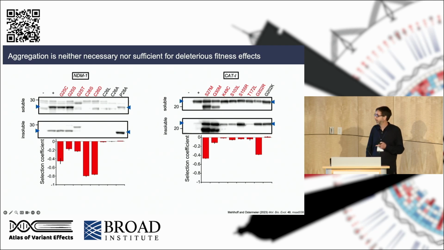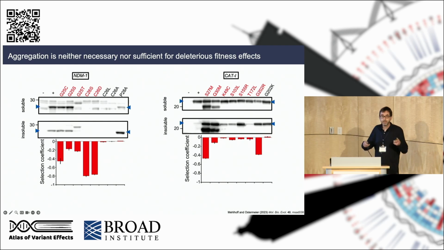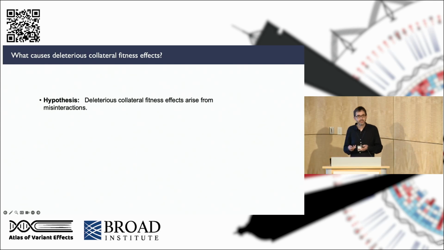It might be that the protein is misinteracting with something else. So our hypothesis is that the deleterious collateral fitness effects arise from misinteractions. The aggregates couldn't be toxic on their own. They have to interact with something, otherwise they can't have an effect.